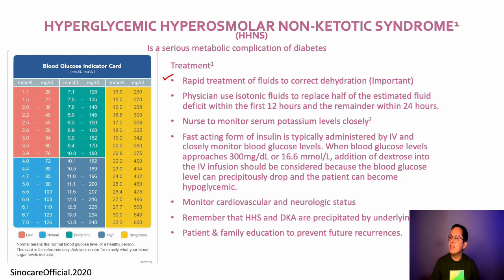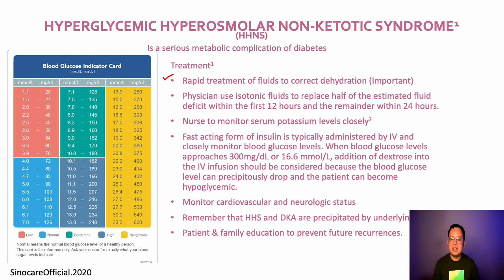Always remember this. Physicians use isotonic fluids to replace half of the estimated fluid deficit within the first 12 hours and the remainder within 24 hours. The nurse monitors serum potassium levels closely, okay? Because the patient is hyperosmolar, dehydrated, and depleted of potassium intracellularly.